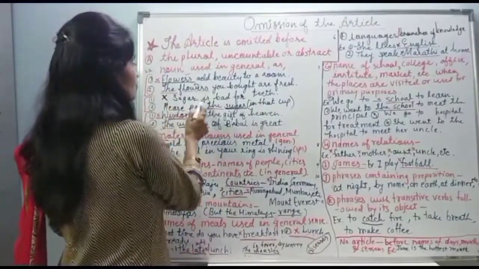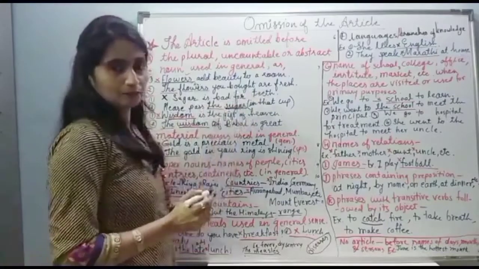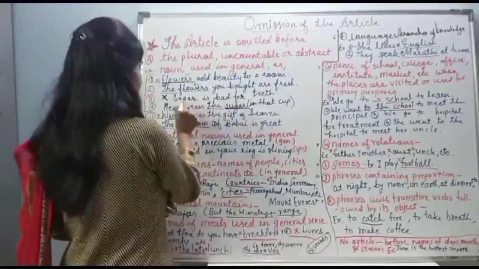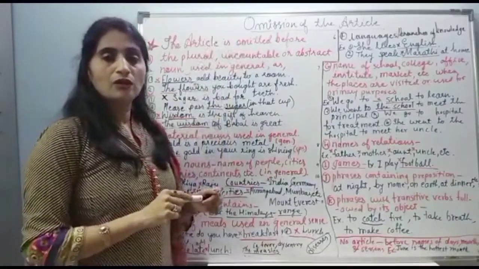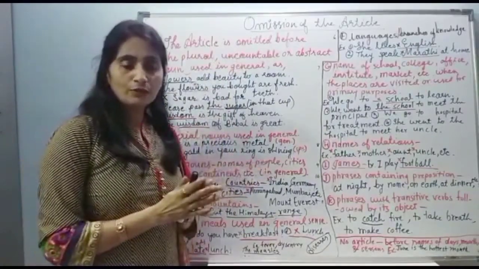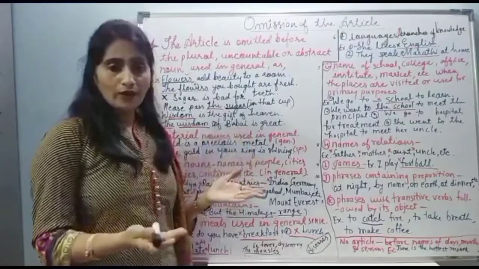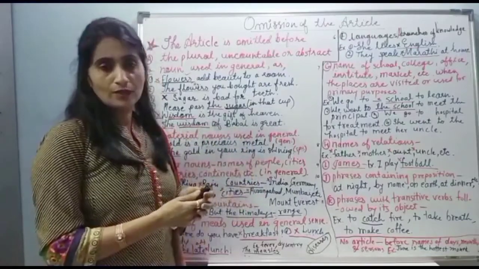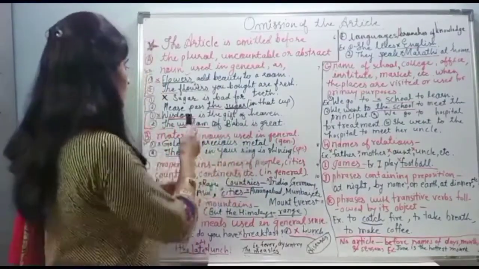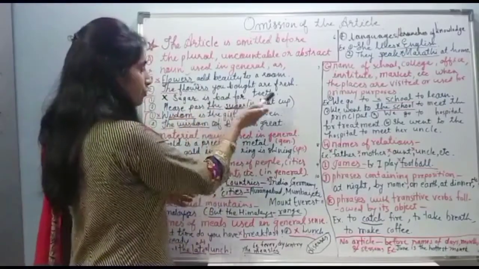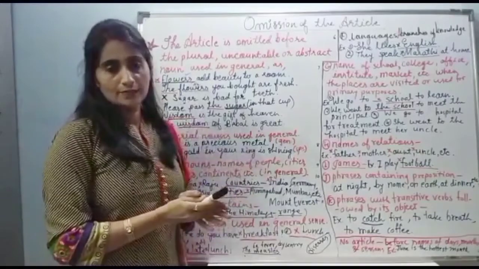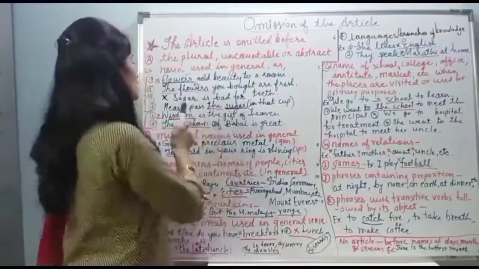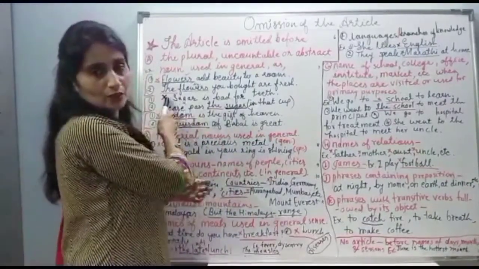Fine then, see this sentence now. Next sentence, sugar is bad for teeth. In this sentence, sugar is the uncountable noun. Which are the uncountable nouns? Sugar, oil. These are the uncountable nouns. In this sentence, sugar is used in general sense, and that's why there is no article before this noun.